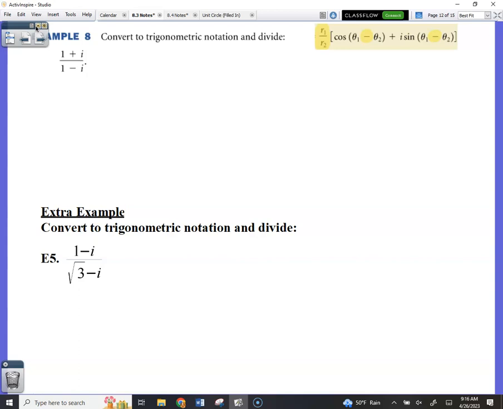So I'm going to come right here. This tells me clearly I'm dividing, which means I would need my division formula for trig form. 1 plus I in trig notation, we found it to be root 2 cosine 45 plus I sine 45. That was in a previous example.